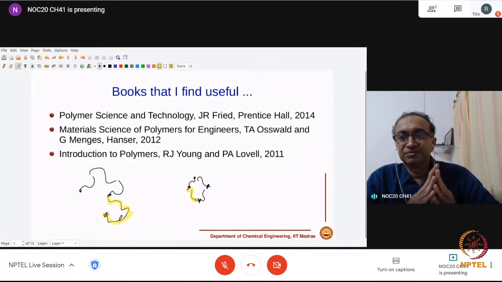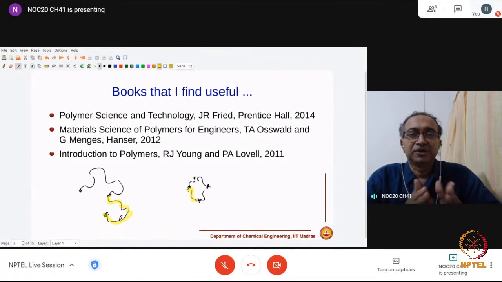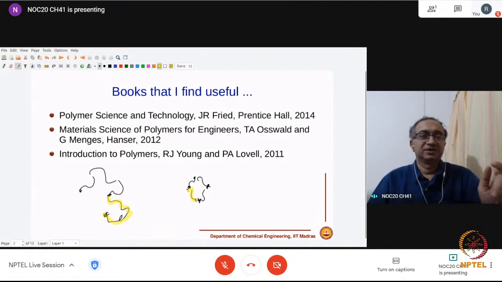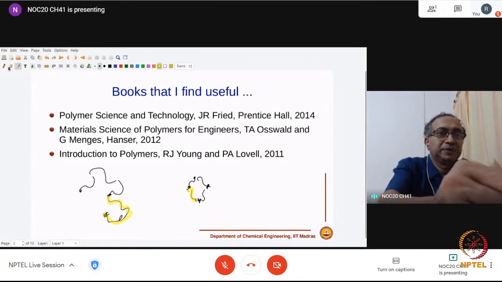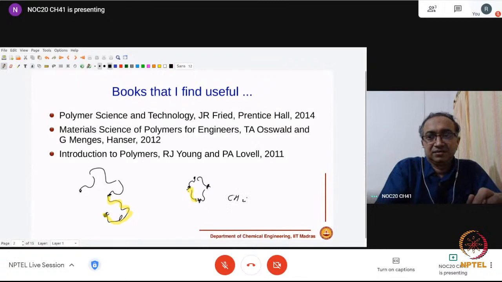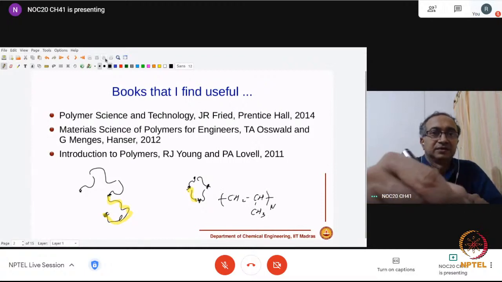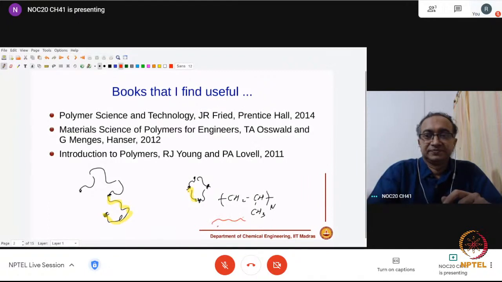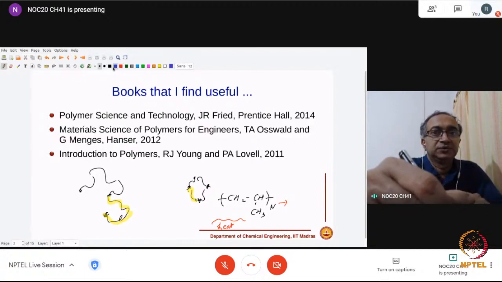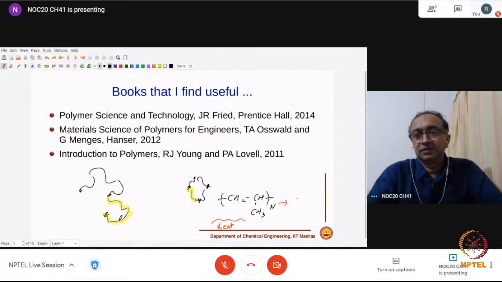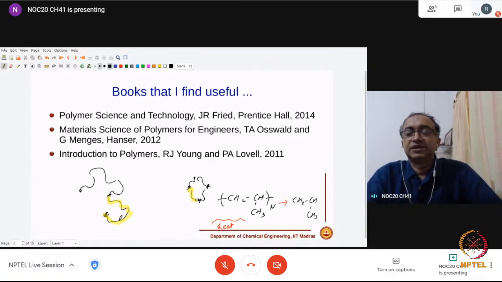Depolymerization. So actually, for example, polypropylene, right? If you heat it up, the polypropylene, which is nothing but, and if you heat it, it will end up giving you the propylene back.